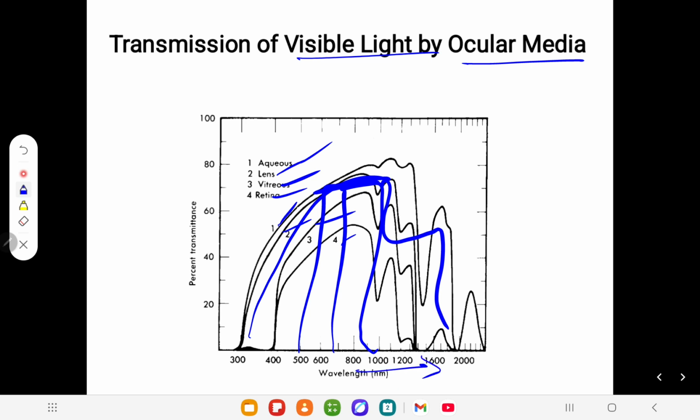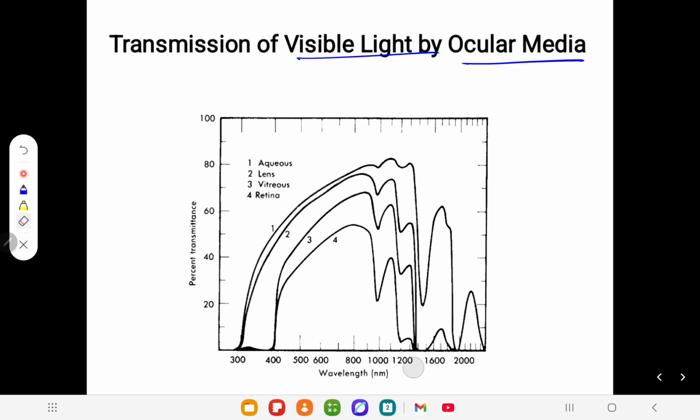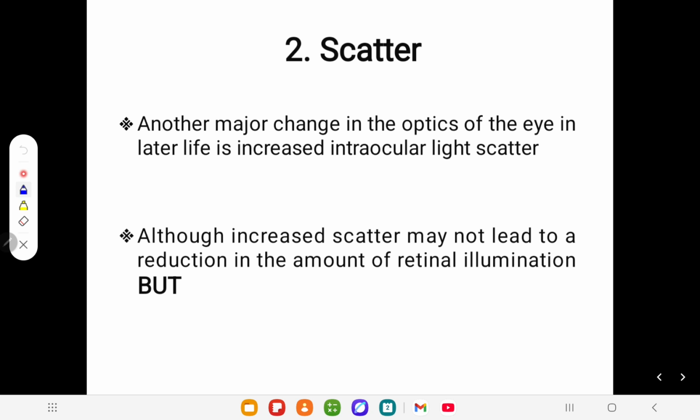But if the absorption of shorter wavelength is higher, then there is also a shift of the absorption spectrum, so it's very important. So one thing is that absorption gets higher, and what it does is reduce retinal illumination.